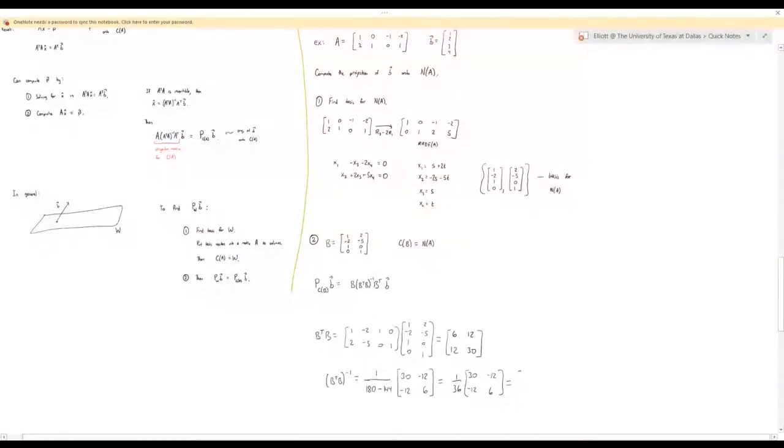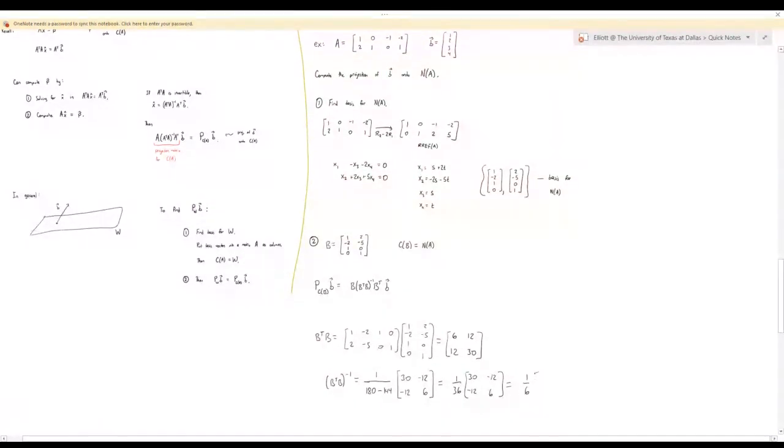Let's do a little bit of simplification. I can cancel out a 6 from everything. Okay.